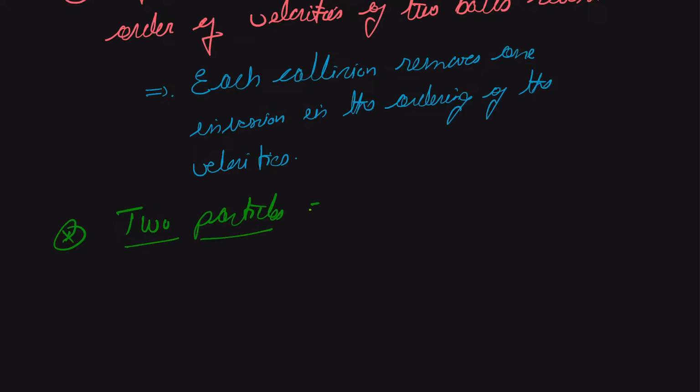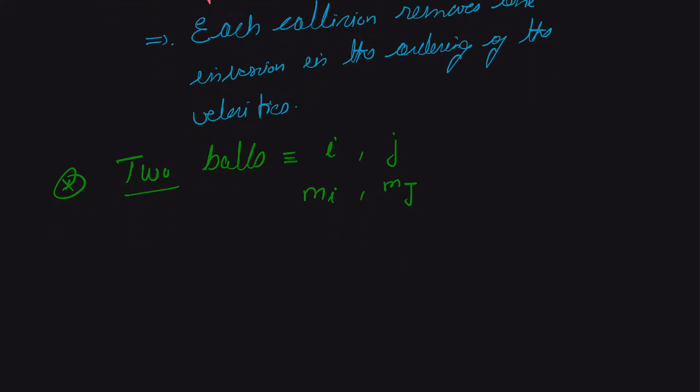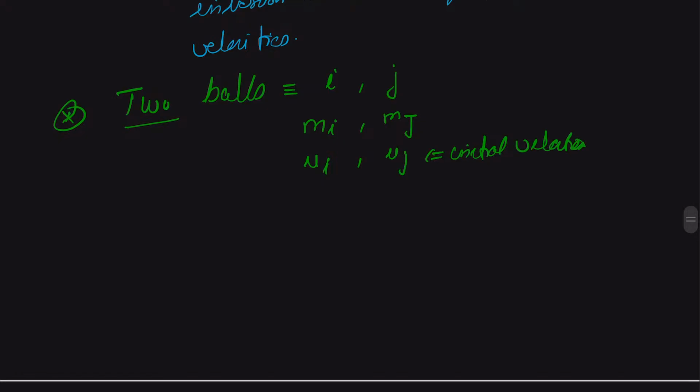Let us say two balls, I and J. The I ball has mass Mi and the J ball has mass Mj, and their initial velocities are Ui and Uj. Vi and Vj are the final velocities.